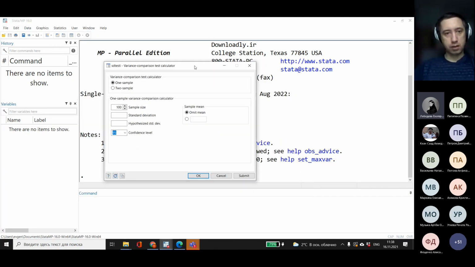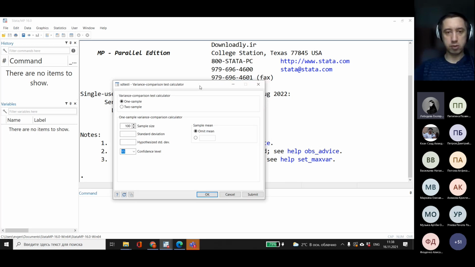Now you have such a table, and here we see the name of the command. Instead, we can use the command line to run this test, but for simplicity, let's use this way. First, we have to define how many samples we have, one sample or two samples. From the task, it's clear that we work with one sample only.